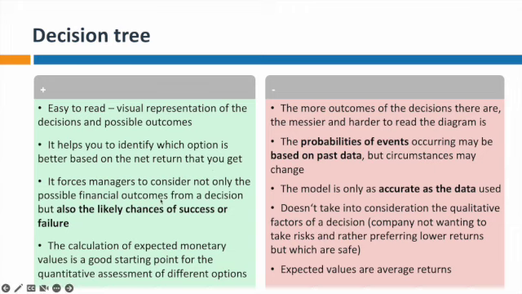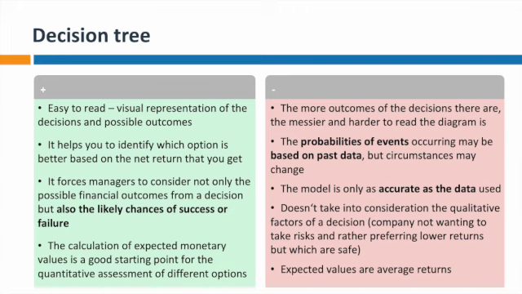It forces managers to consider not only the possible financial outcomes from a decision, but also the likely chances of success and failure. So that's good. It's somehow taking probability into consideration. And lastly, the calculation of expected monetary values is a good starting point for the quantitative assessment of different options.